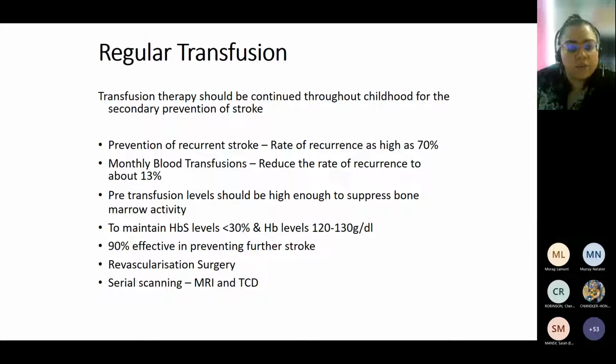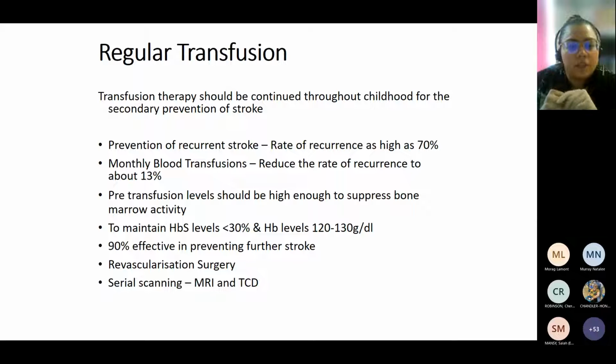And the pre-transfusion levels should be high enough to suppress the bone marrow activity. What we mean by this is, if you're giving a transfusion today and someone's coming back in 4 weeks' time for another top-up, we want to see that we've maintained a decent hemoglobin level for that patient, so that their own bone marrow doesn't have to produce sickle blood to correct the anemia, because we are trying to keep that sickle level down. We're trying to maintain the S% at 30% for patients on secondary and primary stroke prevention.